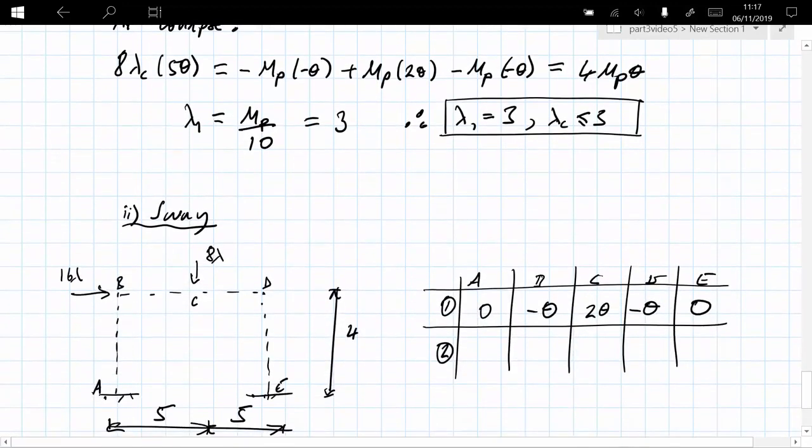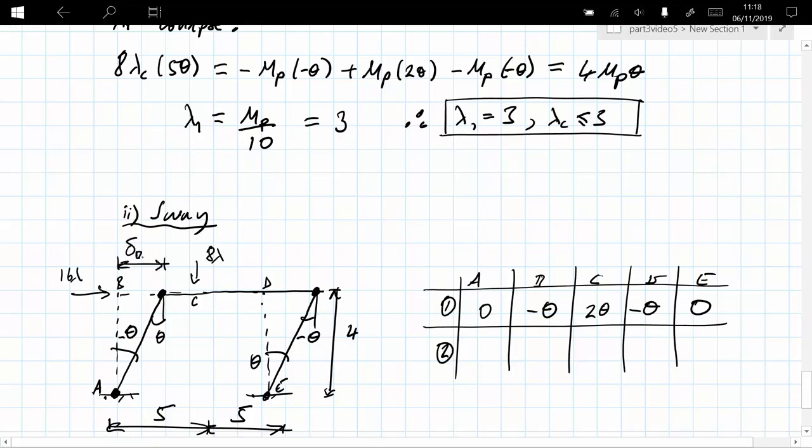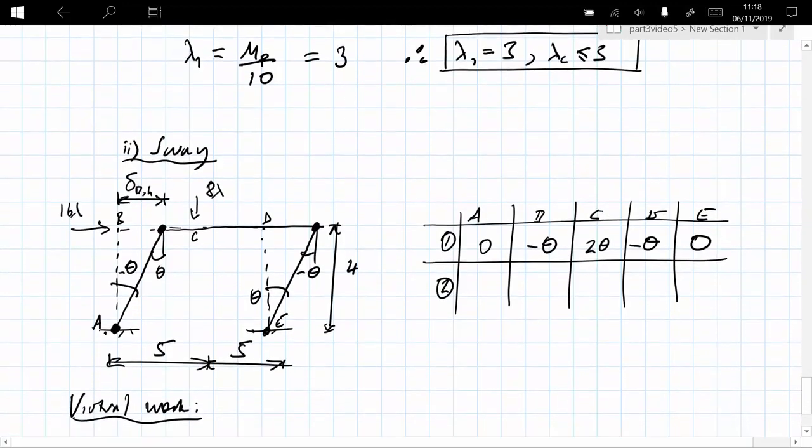The second mechanism is a sway mechanism. This has plastic hinges at A, B, D, and E, and corresponding deformation angles minus theta, theta, minus theta, and theta, and a horizontal displacement under the load of delta B subscript H. We can then summarize these angles in a table.